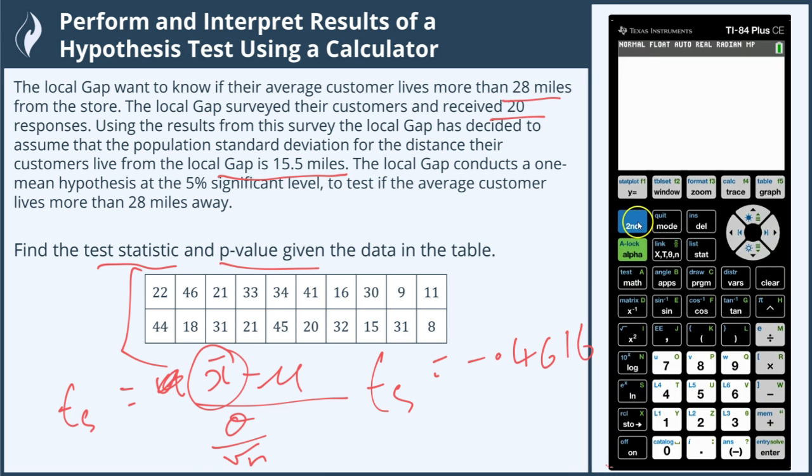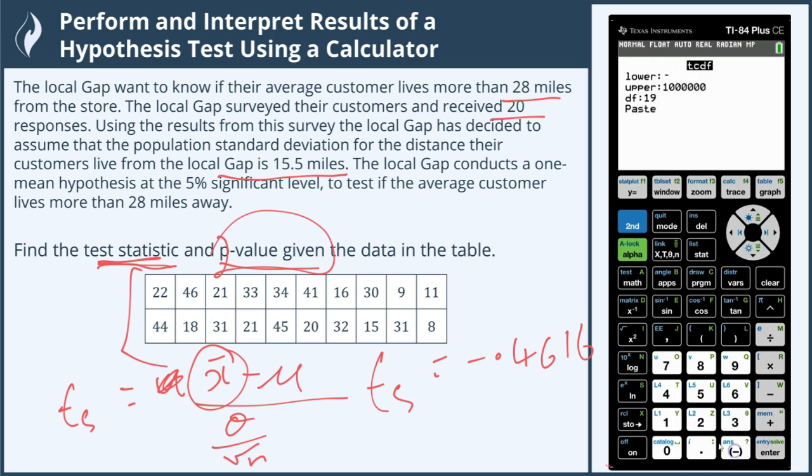Now, the last thing we have to do is calculate our p-value given the information we now have. So we found the test statistic. Now let's go ahead and find our p-value. Let's head over to our calculator. And for this, we're going to use the TCDF. Scroll all the way down to TCDF.